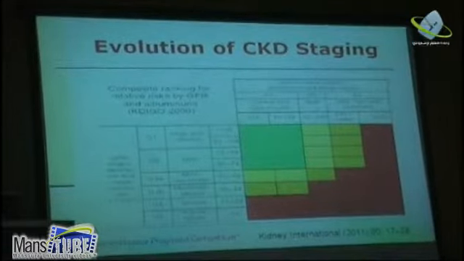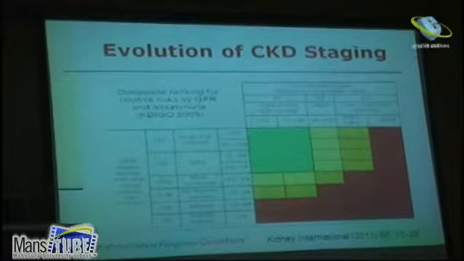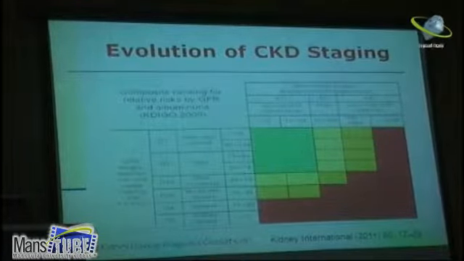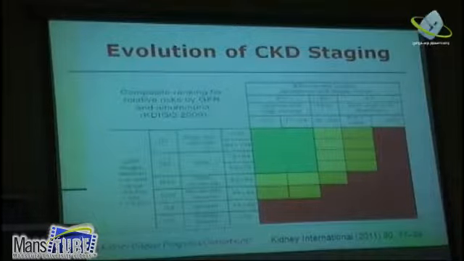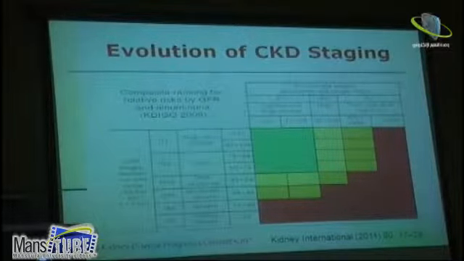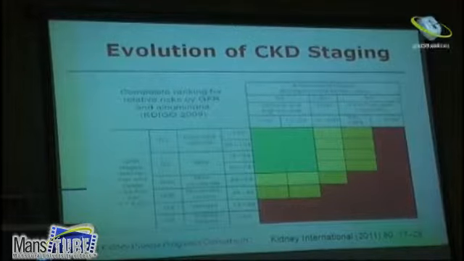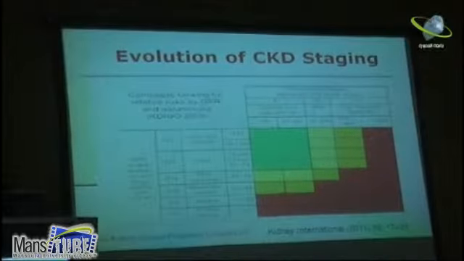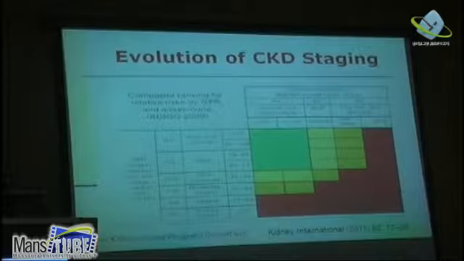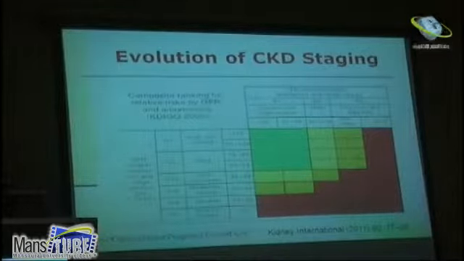So GFR above 60 without proteinuria, you can consider this population as not having chronic kidney disease, but they are at risk of CKD, especially elderly patients with GFR above 60.